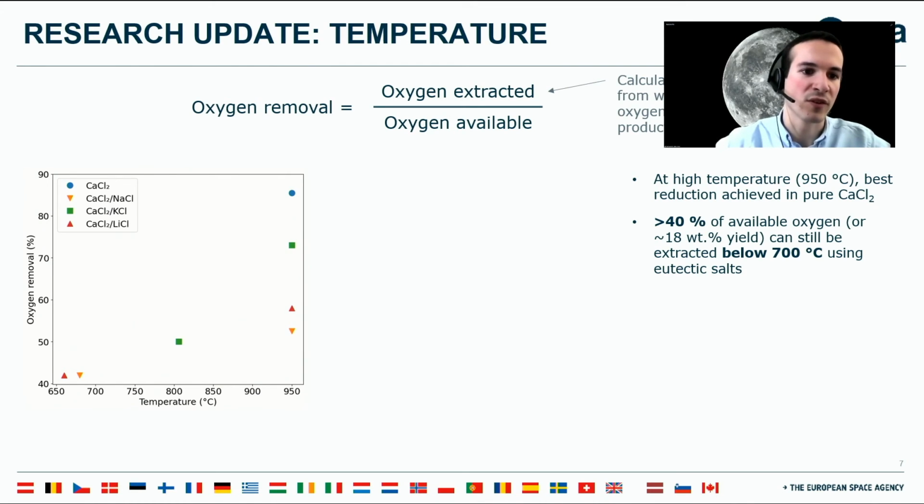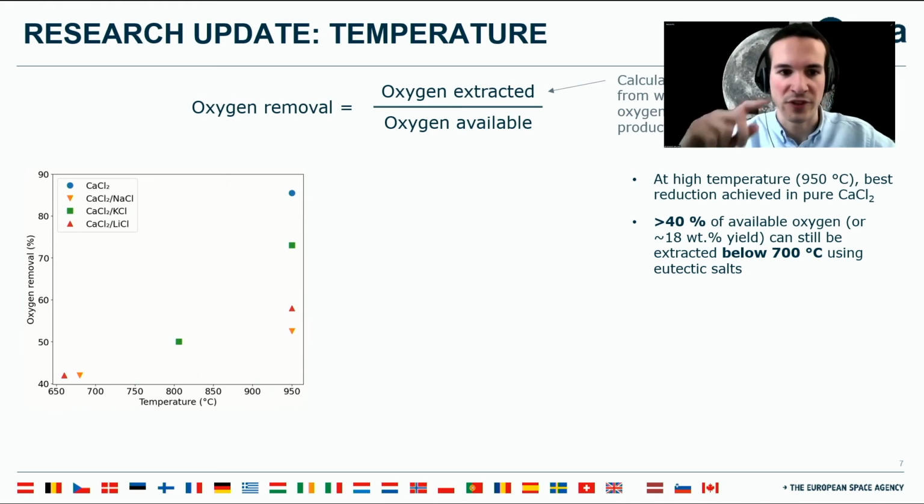The calcium oxide may get out of solution in one of these mixtures. So these are all elements which could contribute to the fact that we remove less oxygen at 950 degrees. But of course, the key of the eutectic is not to do it at 950, but to lower the temperature and get to something which is, let's say, easier to handle from the material point of view. We'll come to that after.